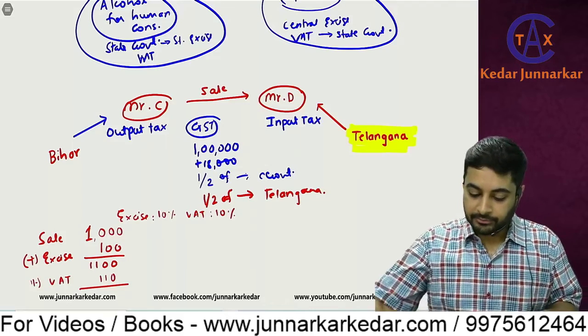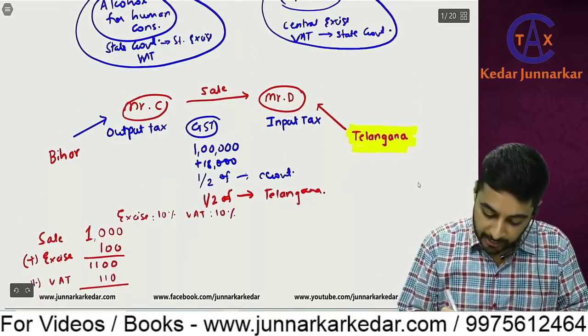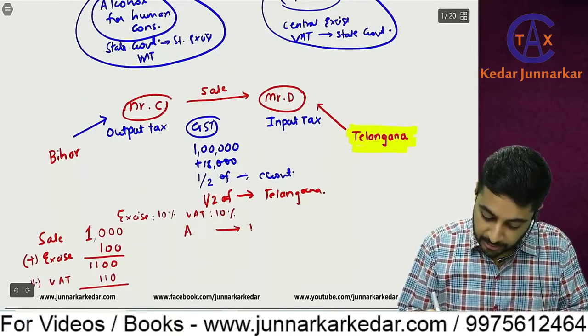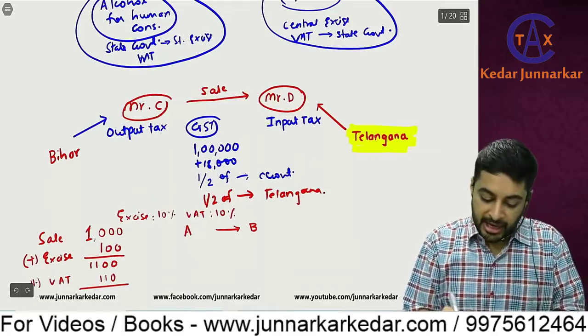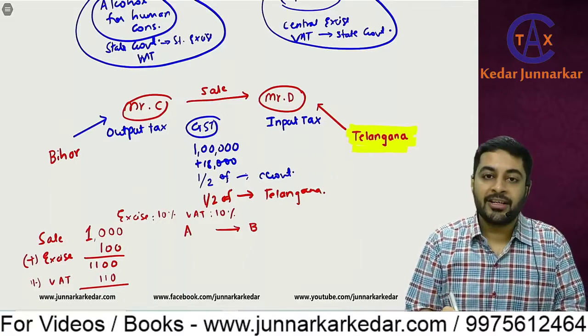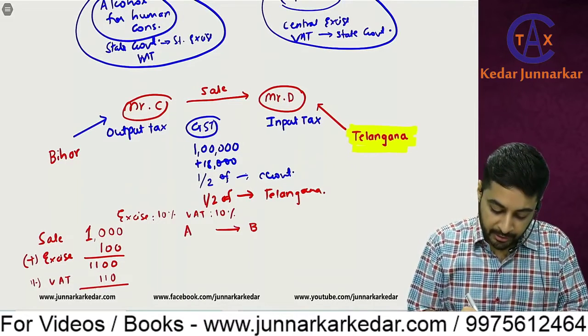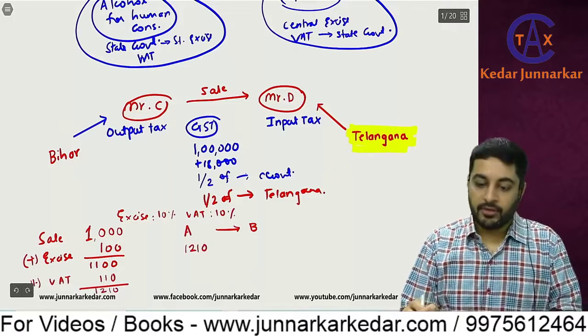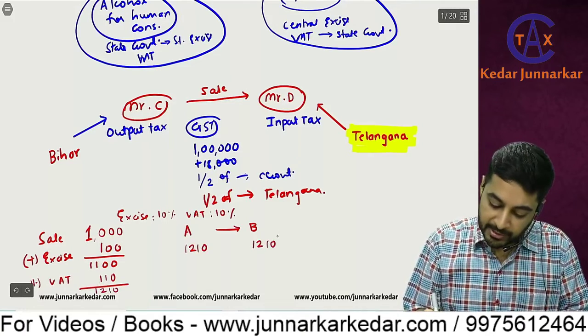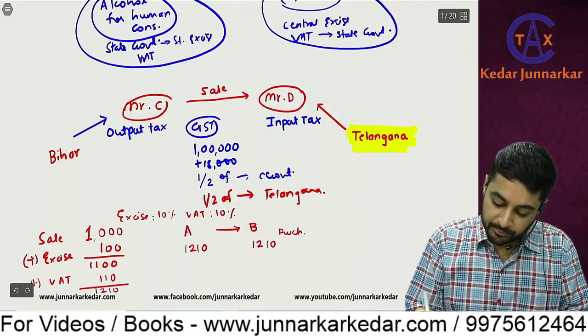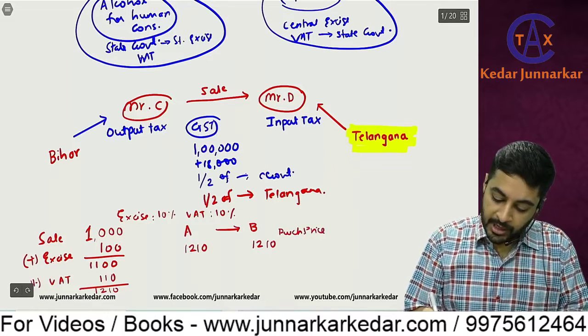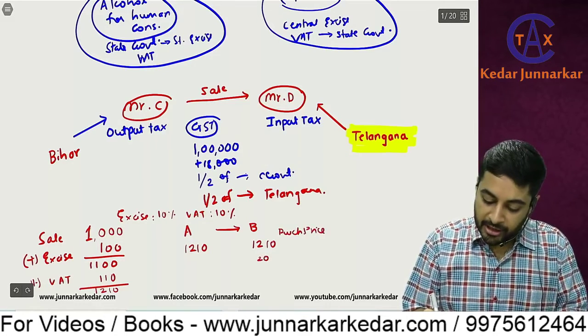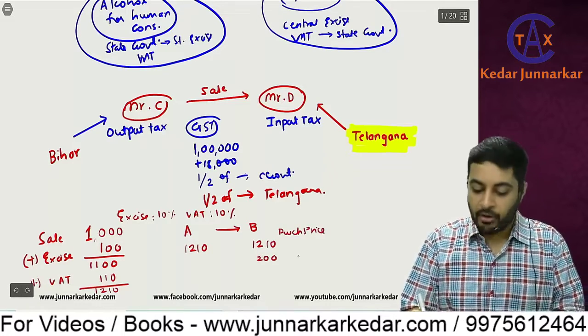So now I'll give you an example. A to B. For A, what is the total sale price? 1210, and this will be the purchase price. Then he will add some 200 rupees profit.